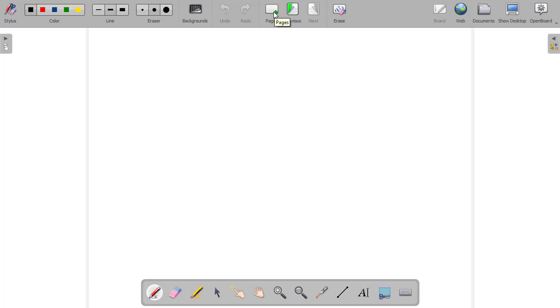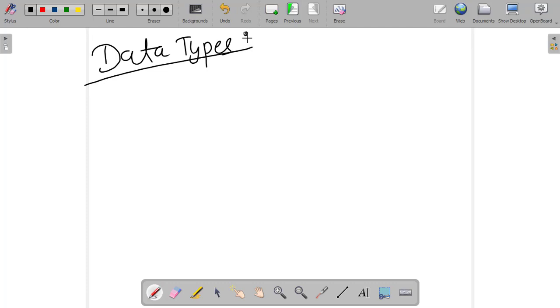So these are all the things for identifiers. The next topic is data types. We will explain here about data types. I am writing all the data types and you can see here.